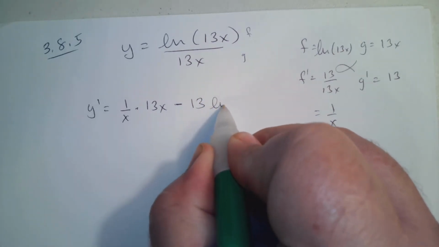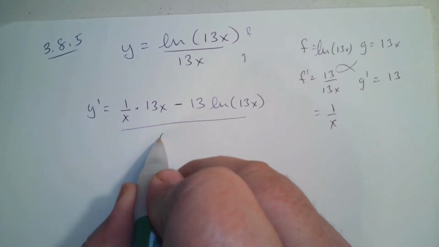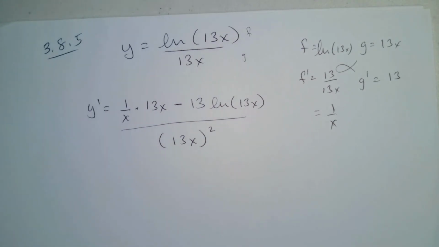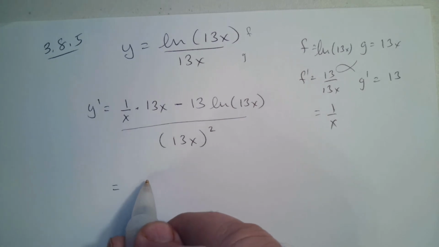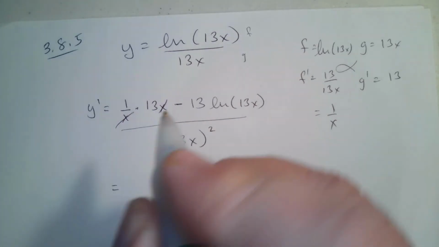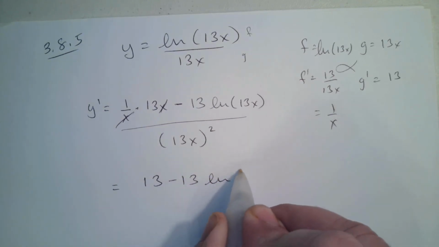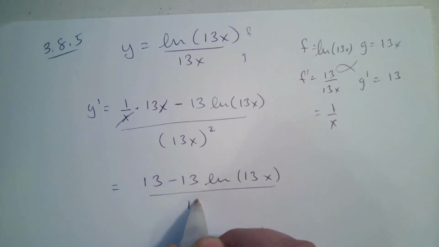13 times ln 13x all over 13x squared. So we have here the 13 x here and the x here cancels. We have 13 minus 13 ln 13x over 13x squared.